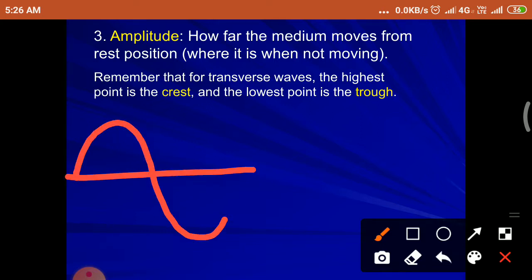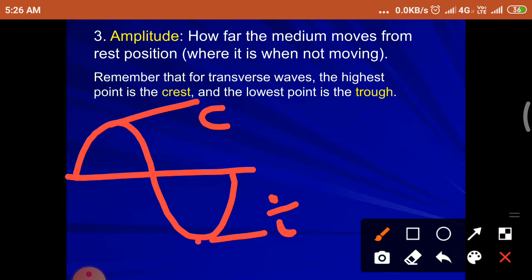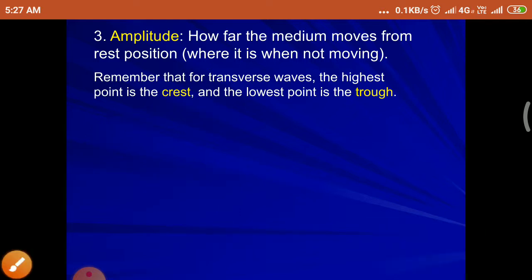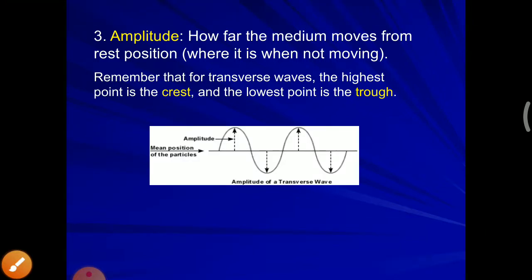This is a transverse wave, this is a crest and this is a trough. The highest point is the crest and the lowest point is the trough. So how far the medium moves from the rest position is called amplitude.